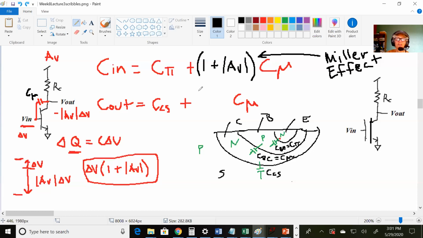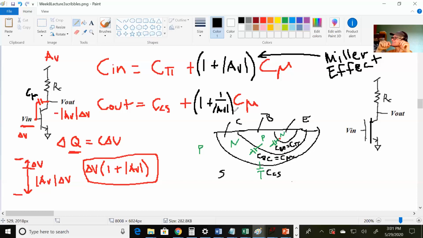Because your side moves delta V, the other side moves 1 over the gain.